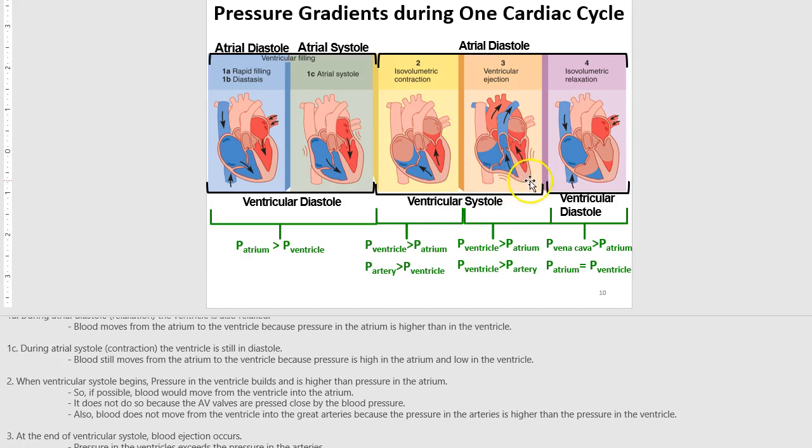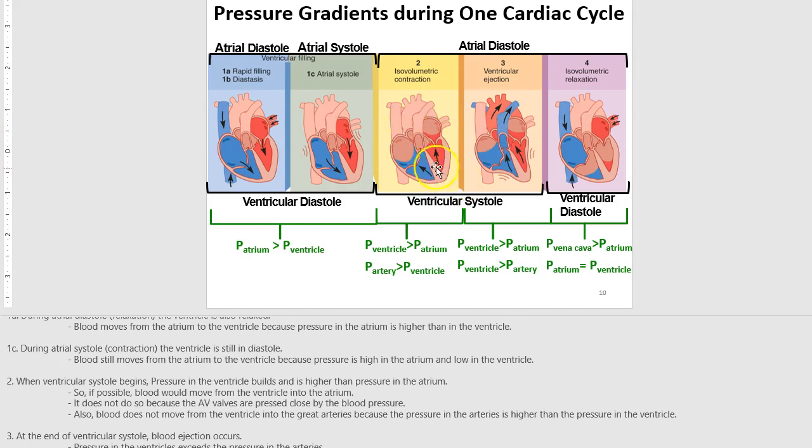At the second part of ventricular systole, we actually get blood flow leaving the ventricle. So at this time, the pressure that exists in the ventricle has exceeded the pressure that is in the pulmonary artery and the aorta. So the blood will move from an area of high pressure to an area of low pressure.